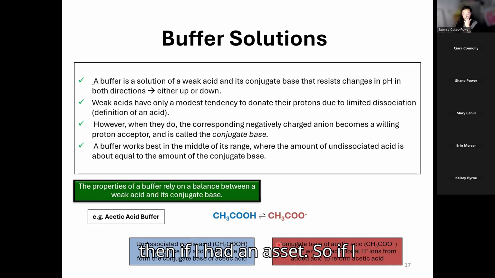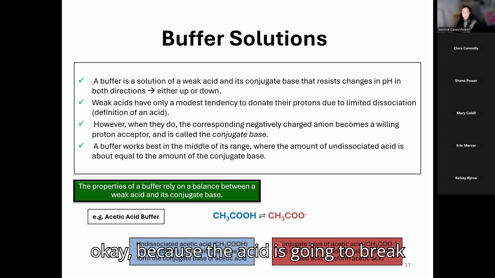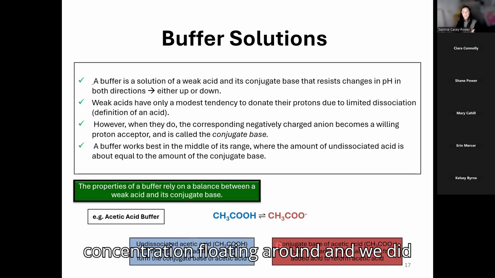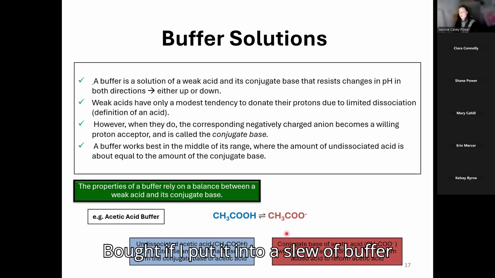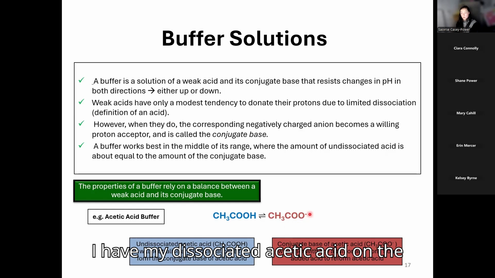Similarly, if I add an acid into just maybe a solution of water, the pH will decrease dramatically, because the acid is going to break up into solution. We have much more H plus concentration floating around than we did, and the pH will drop significantly. But if I put it into a buffer solution like this, I have my dissociated acetic acid on the right.